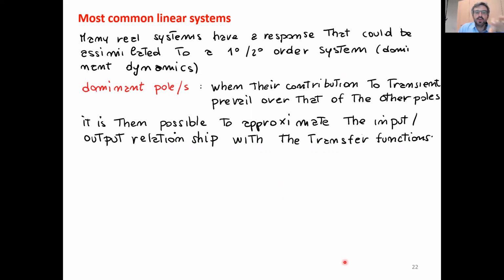And the dominant dynamics is described by the poles that during the transient have the most importance with respect to the other ones. So you can neglect the higher order poles that are not part of the dominant dynamics, and you can use the dominant dynamics poles and still have a behavior that mostly approximates the dynamics of your system.